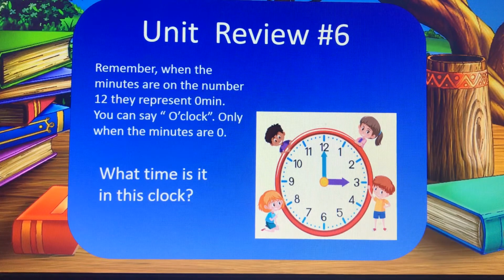I'll give you a few seconds. Excellent job! It's 3 o'clock. As you can see, the minute bar, which is the blue one, is in the number 12, and the purple one is on number 3. Excellent job, guys. Let's move on.